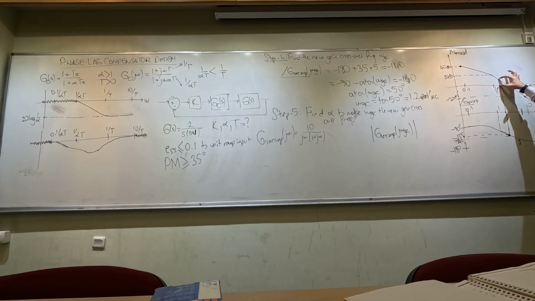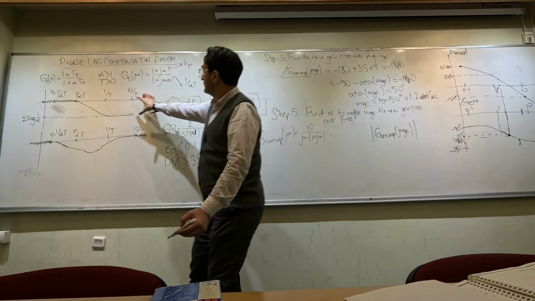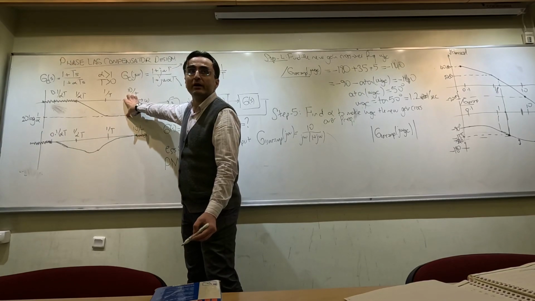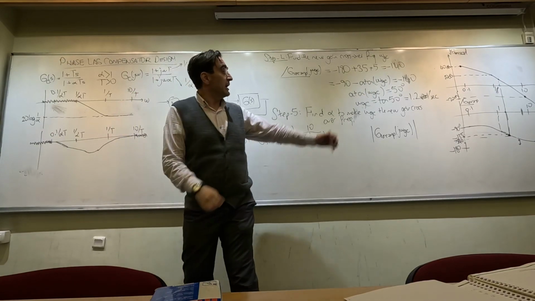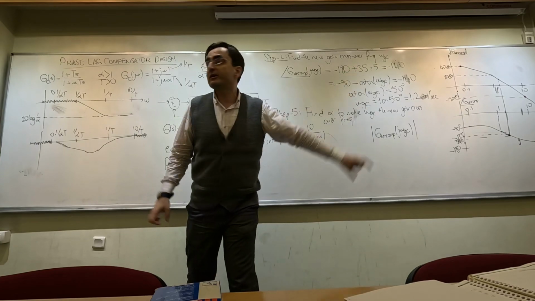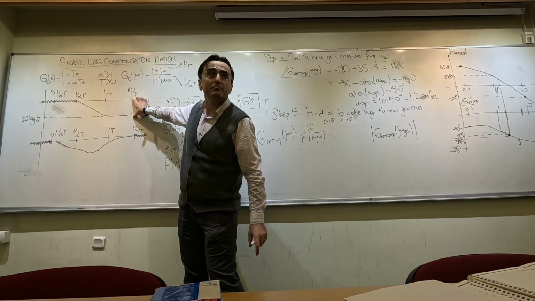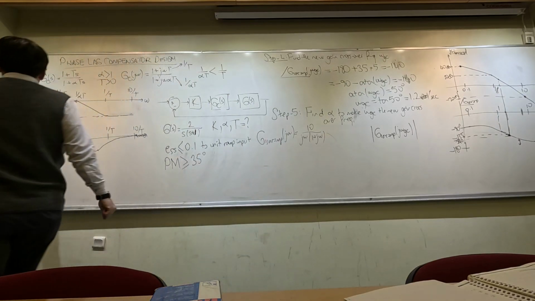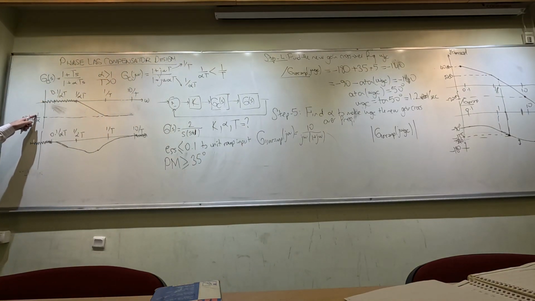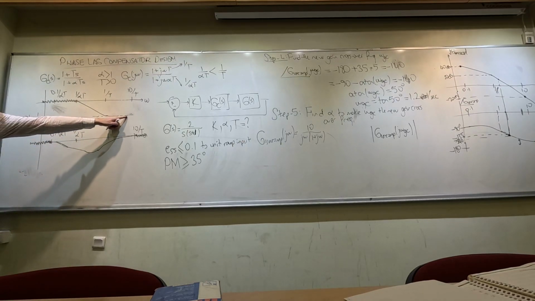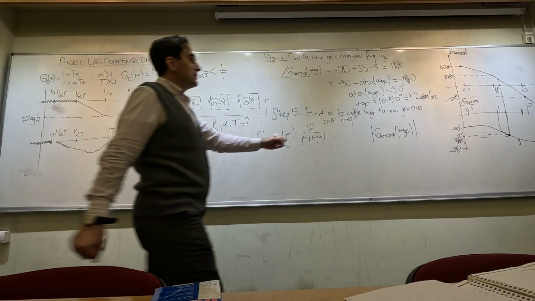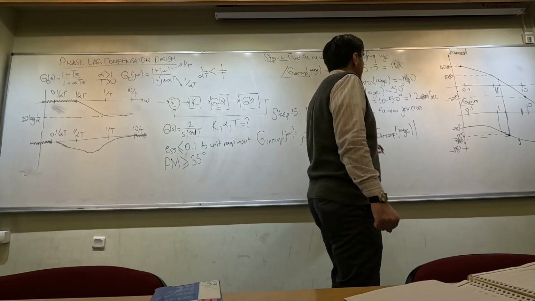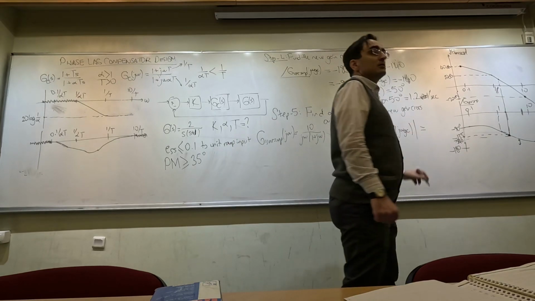So I need to cancel that positive magnitude in dB scale by this negative magnitude. The magnitude of the compensator at around these frequencies is 1 over alpha. So if I multiply this with 1 over alpha, what should be the result?